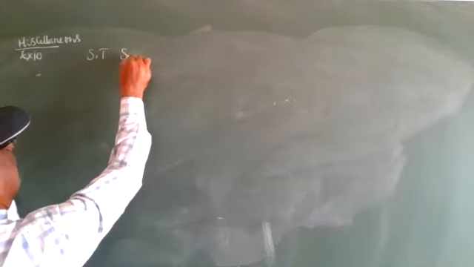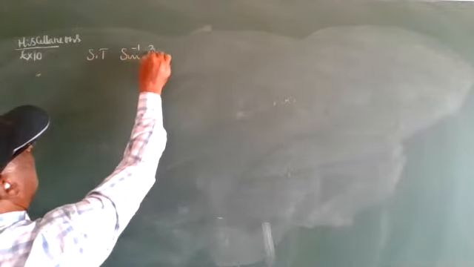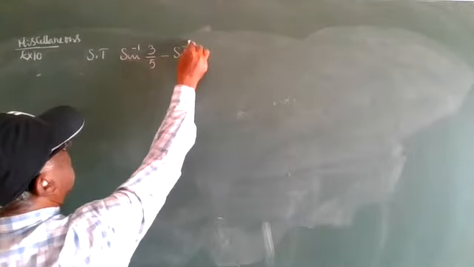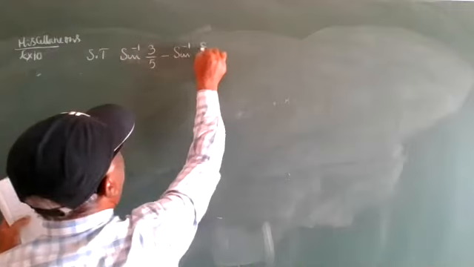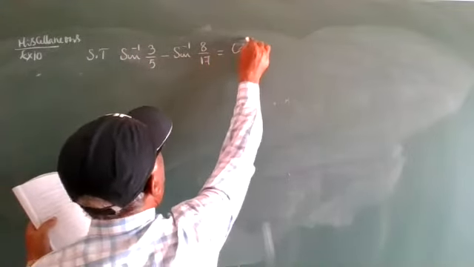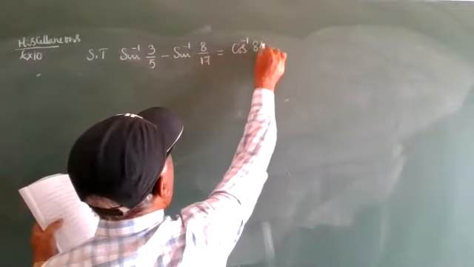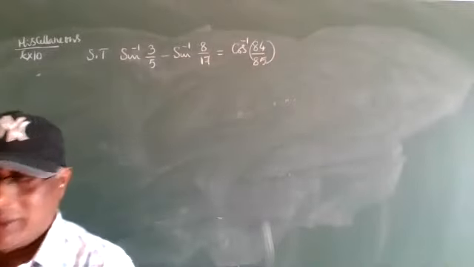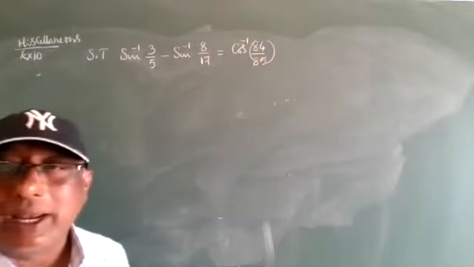Show that sine inverse of 3 by 5 minus sine inverse of 8 by 17 is equal to cos inverse of 84 by 85.